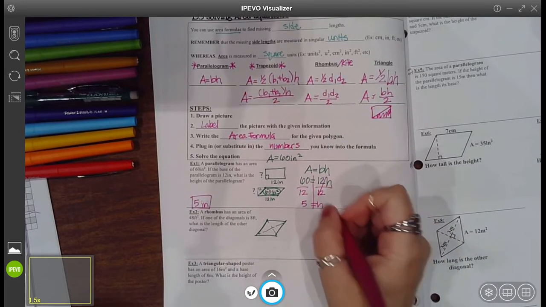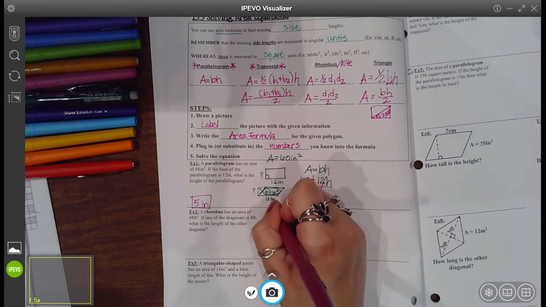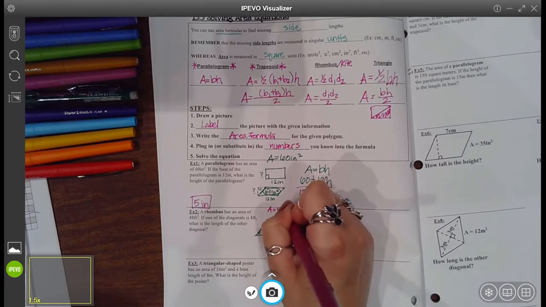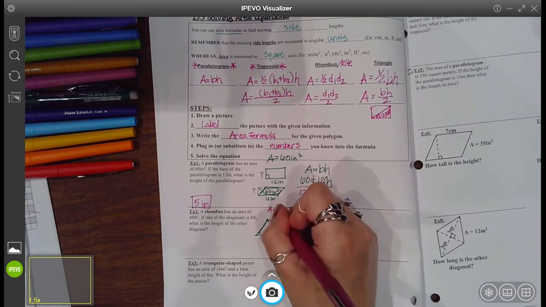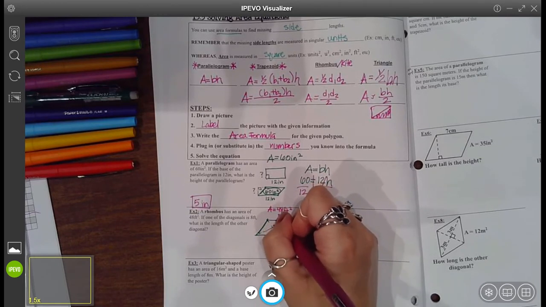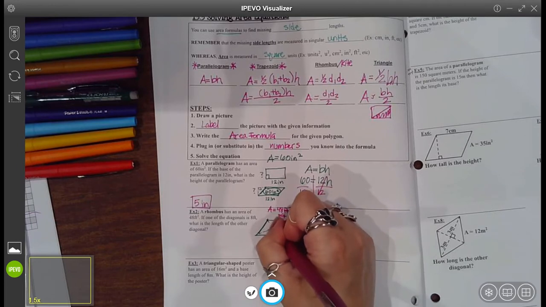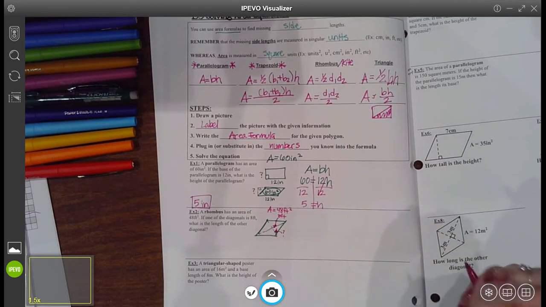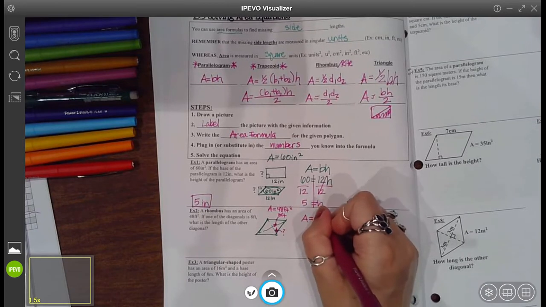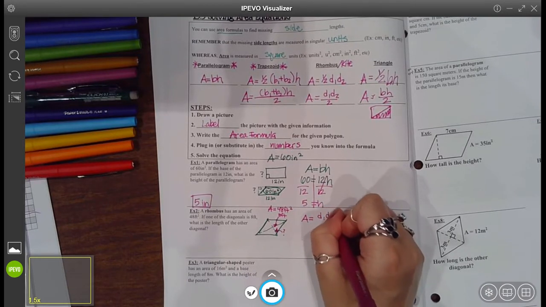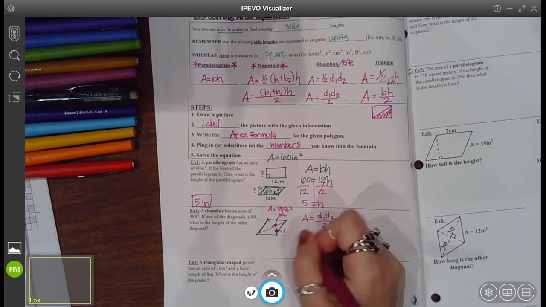They said the area is 48 feet squared, and one diagonal is 8 feet. So then what's the length of this diagonal? Well, let's write out my area formula. A rhombus is diagonal 1 times diagonal 2 divided by 2.